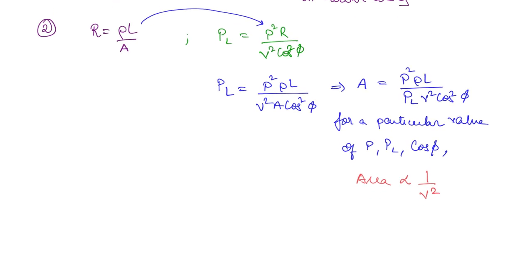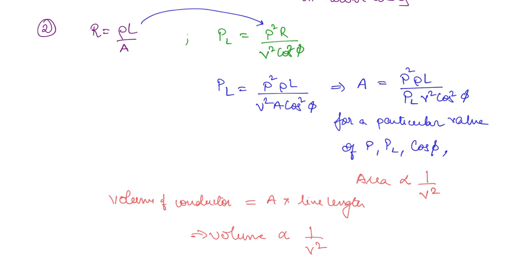Now what will happen when the area of cross section is more? It means that the volume of conductor is more, right? So volume of conductor is equal to the area of cross section into line length, right? So if area is inversely proportional to voltage, then volume is also inversely proportional to the voltage.